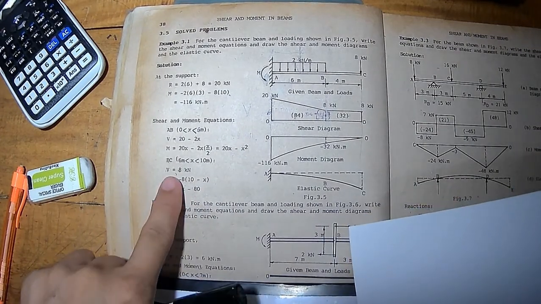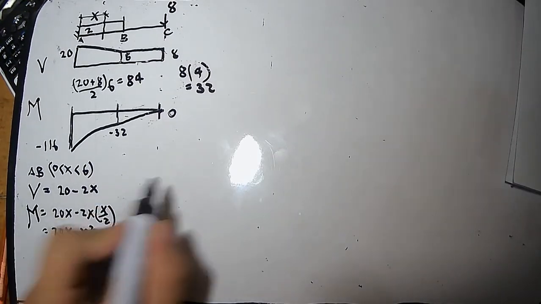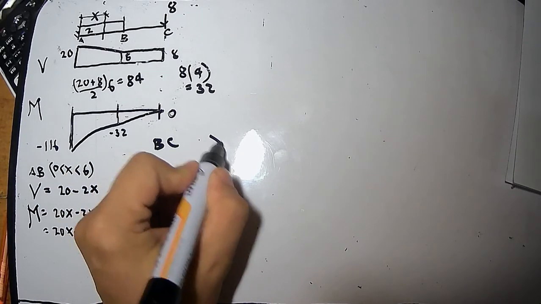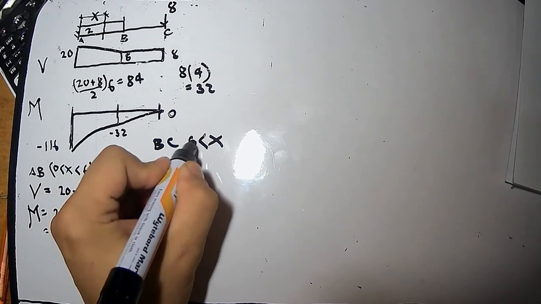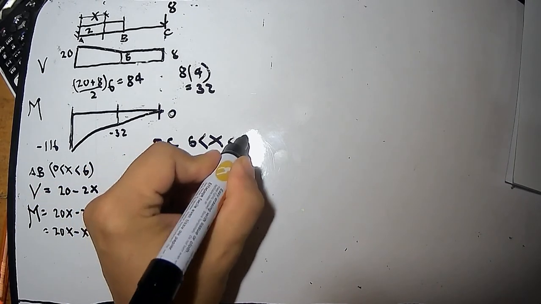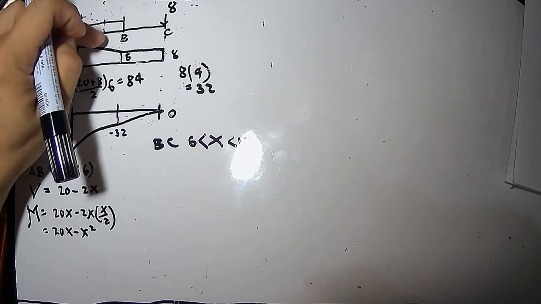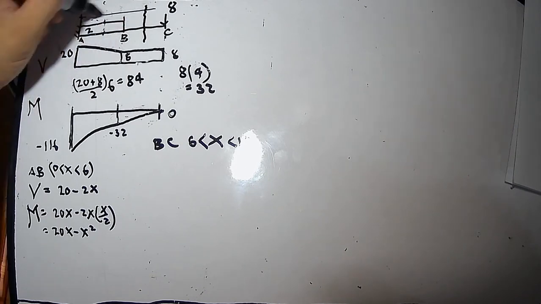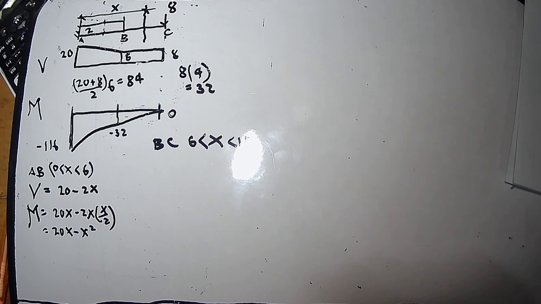Now let's go to BC. Sa BC naman, the value of x would be greater than 6 and less than 10. Meaning, ang x natin ngayon is somewhere here. Okay, so that is now our x.